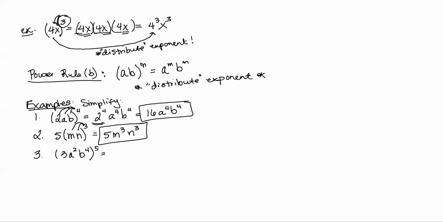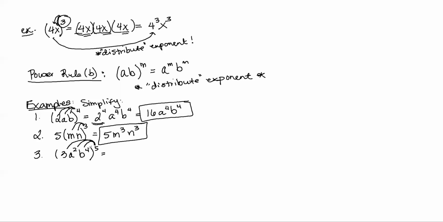If you try to do everything at once, it's going to get messy and you might forget where you are. So I'm going to distribute this 5 exponent into all of those, and then write that new expression. And I'm not going to do anything with these exponents here quite yet.